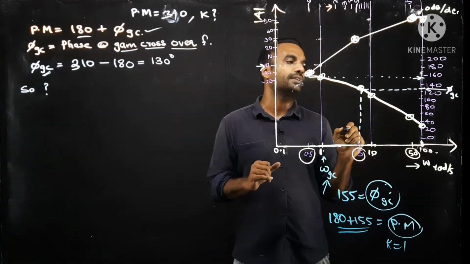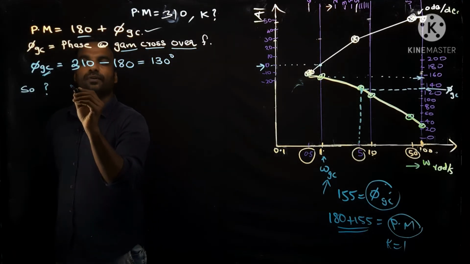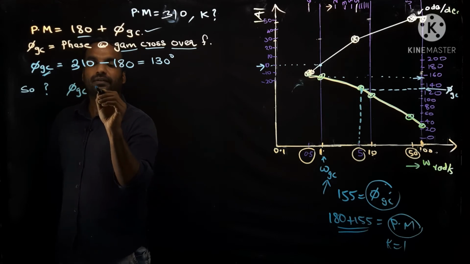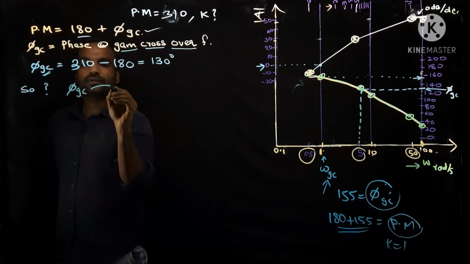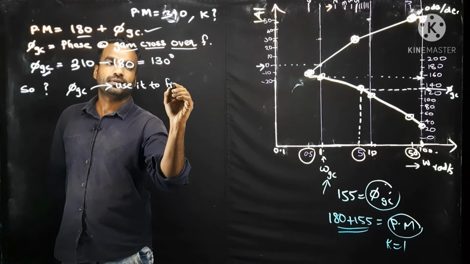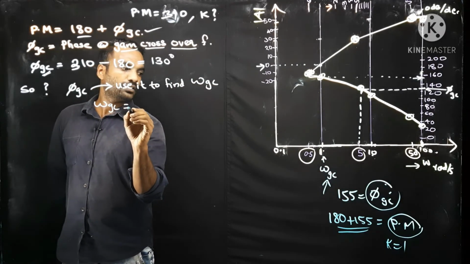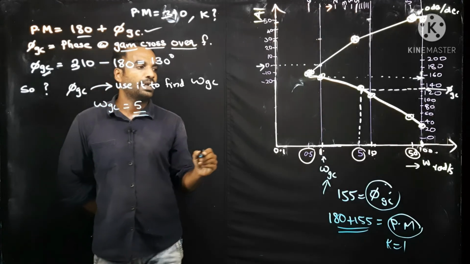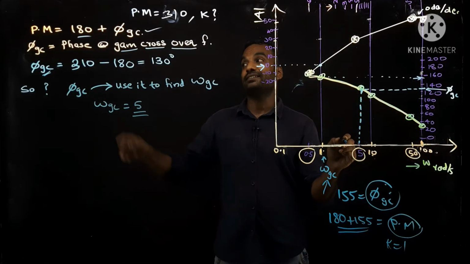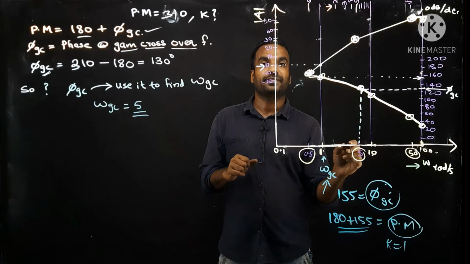Use a scale, then you will get the exact point. So gain crossover frequency is, so phi GC, use it to find omega GC. Omega GC is equal to 5. At this omega GC, what is omega GC? Gain crossover frequency. Gain crossover should happen in the new condition.